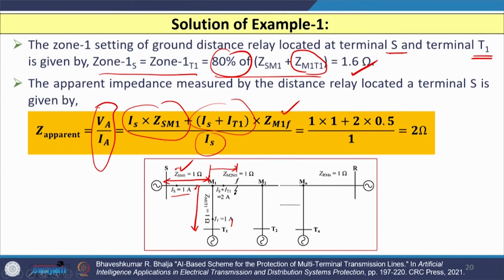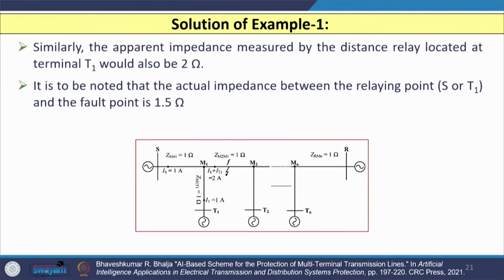So, if you put in the values, Is is 1 ampere, ZSM1 is again 1, Is plus It1 is 2, and then you have ZM1F, assuming the fault occurs exactly at the midpoint between M1 and M2, so 0.5, divided by Is. So, you will have 2 ohm. Similarly, you can calculate the apparent impedance measured by the distance relay located at terminal T1, and that also comes out to be 2 ohm.